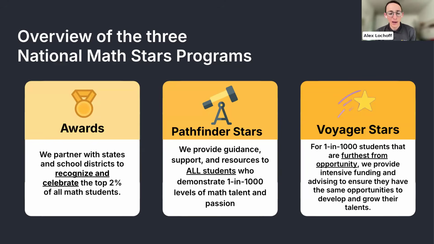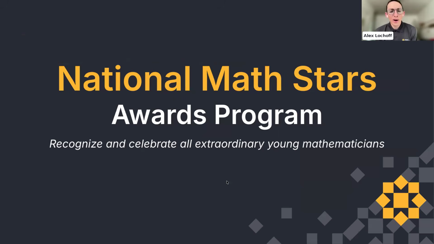Pathfinder STARS, which aims to support all students with 1 in 1,000 math talent and passion. And our Voyager STARS program for those same 1 in 1,000 talented students, but with an emphasis on those furthest from opportunity who really need intense hands-on support to get the opportunities they need to thrive. So let's go ahead and dive into these one at a time.